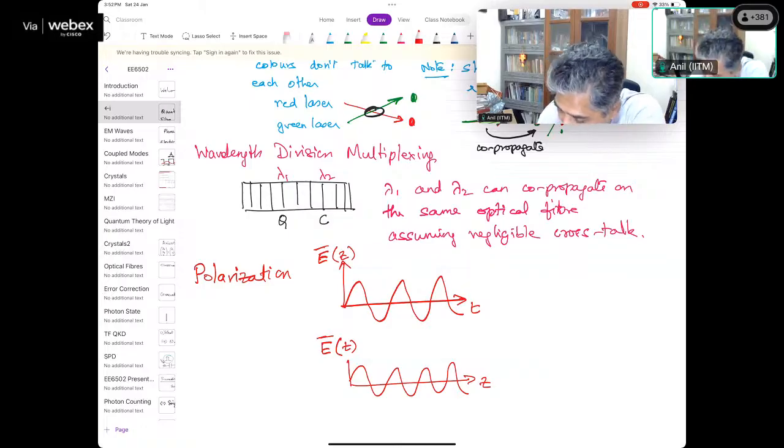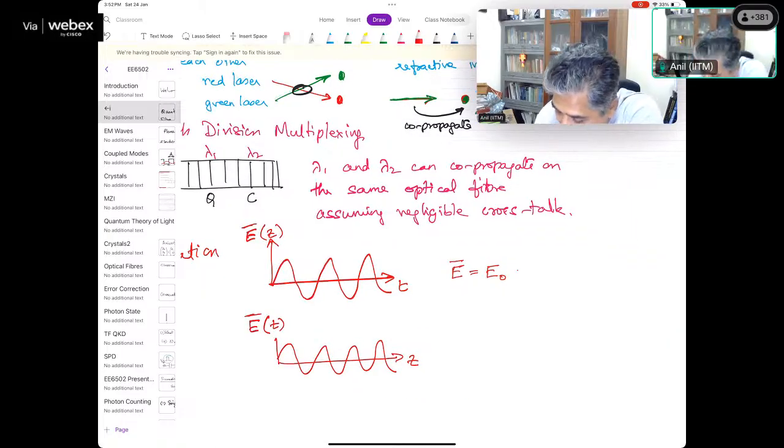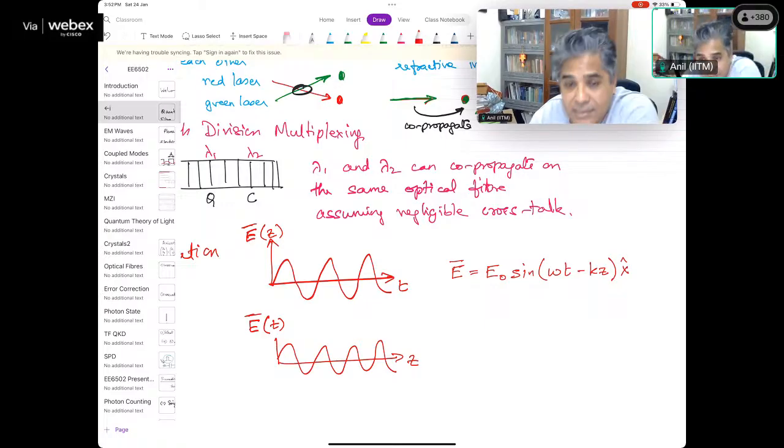So if you think of an electric field, it's basically written as the amplitude times a sine wave of omega t minus kz times a vector. In this case, let me say x. Right. This is one way of writing what is called a plane wave.